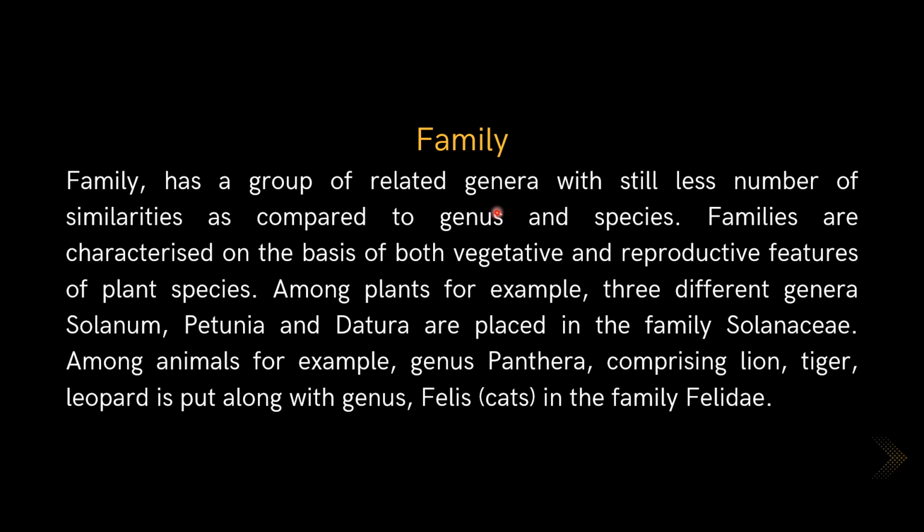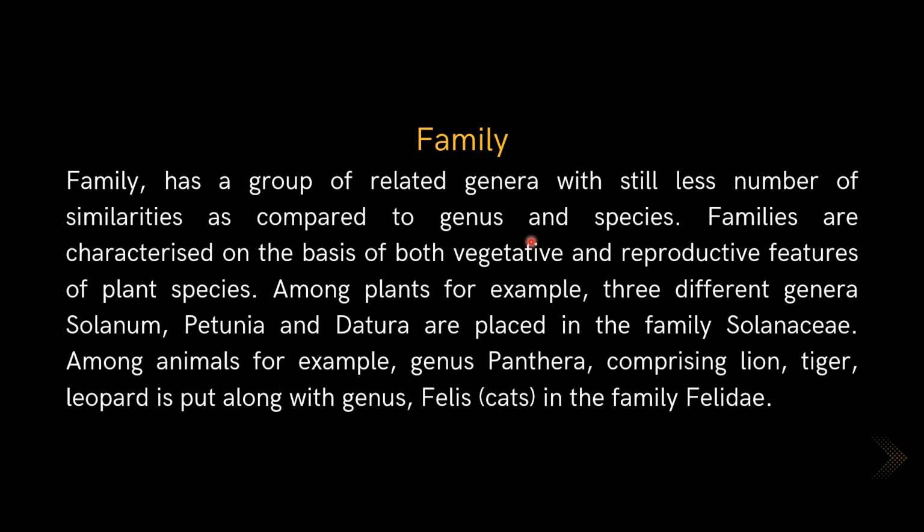Family is a group of related genera. Genus was the group of related species. Now family is the group of related genera, and they have fewer similarities as compared to genus and species. Now families can be characterized on the basis of both vegetative and reproductive features of plant species.